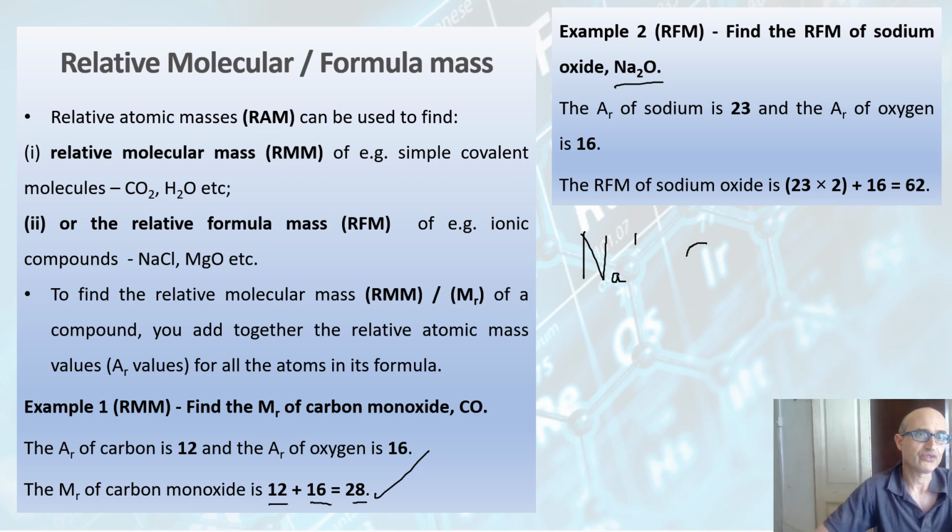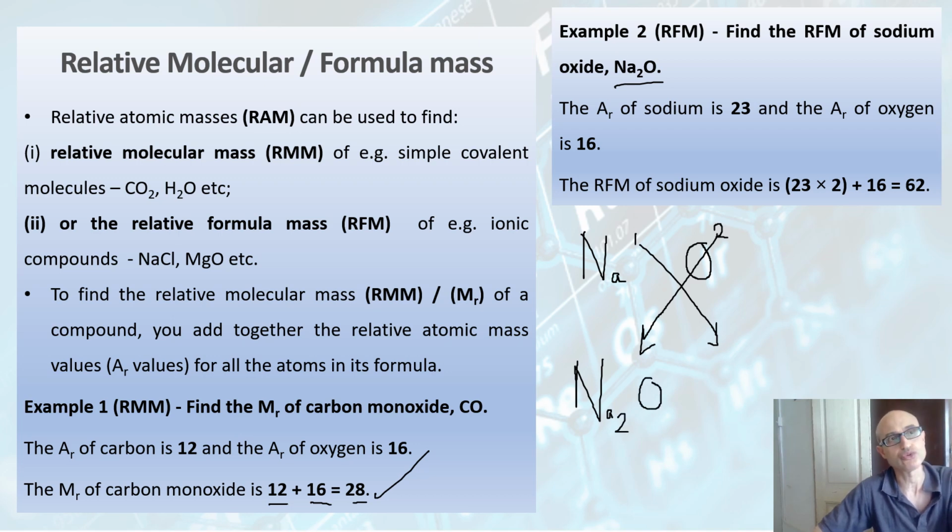Oxygen is found in group 6. It has 6 electrons in the outer shell. It prefers to gain 2 electrons, so it has a valency of 2. In order to find the chemical formula, as I always do with my students, we cross over those valencies, so that the resulting formula is written as Na subscript 2 O.